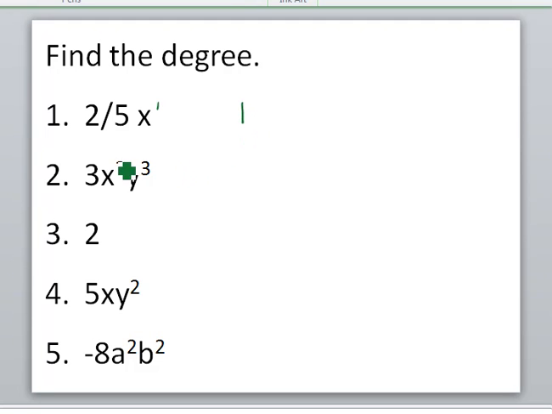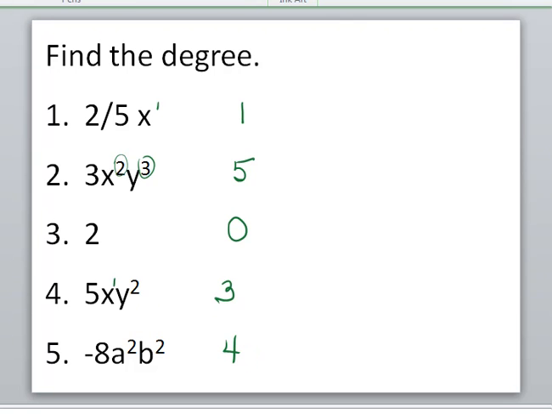This has exponents 2 and 3, so the degree is 2 plus 3, which is 5. This does not have a variable, so the degree is 0. This has a degree of 1 plus 2, which is 3. And this last one has a degree of 2 plus 2, which is 4.